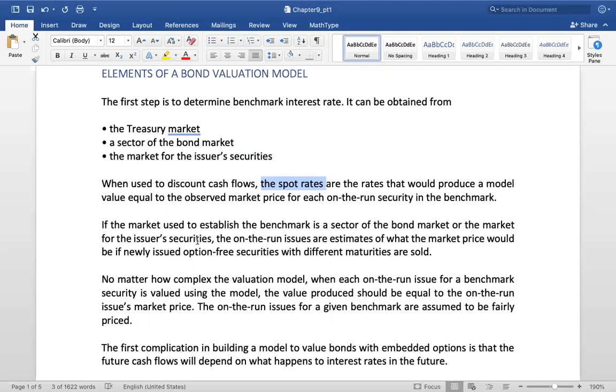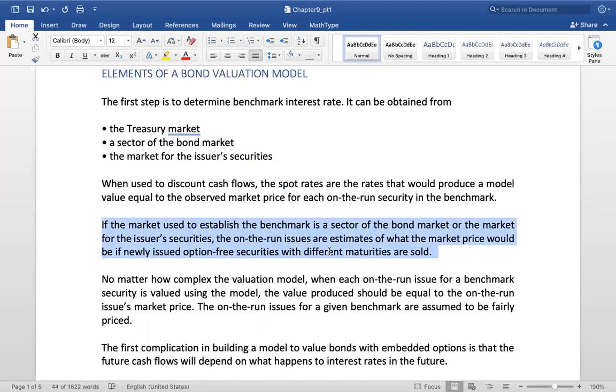If the market used to establish the benchmark is a sector of the bond market or the market for the issuer's securities, the on-the-run issues are estimates of what the market price would be if newly issued option-free securities were priced.